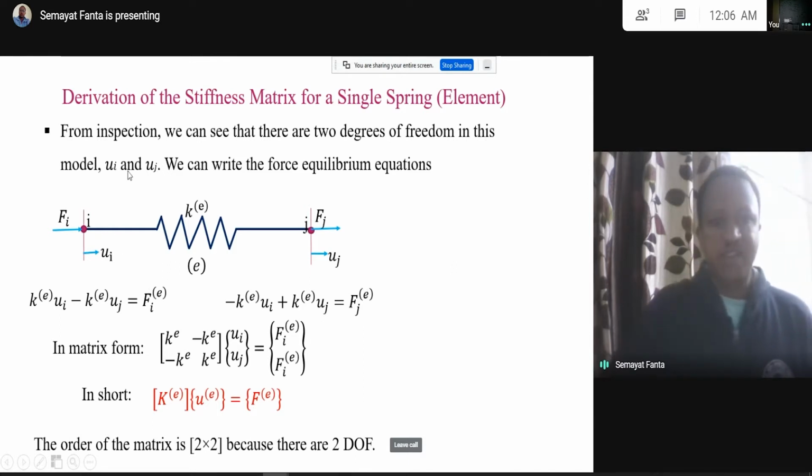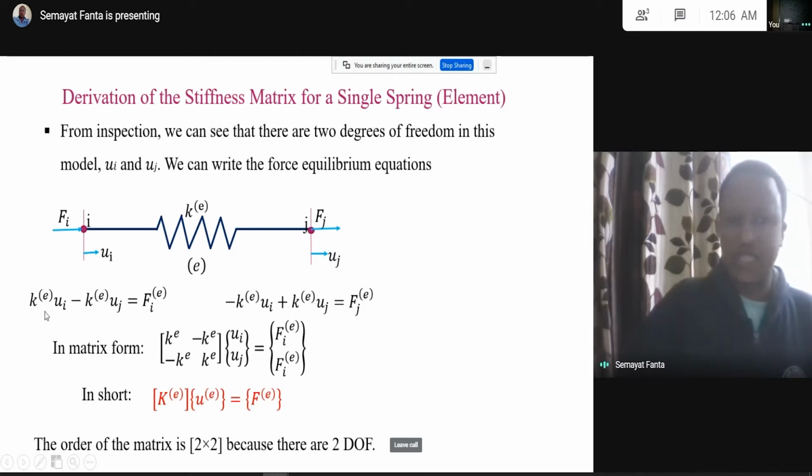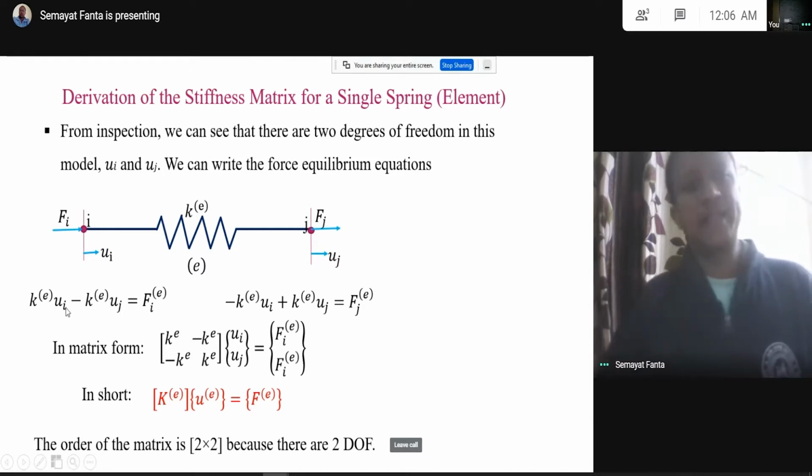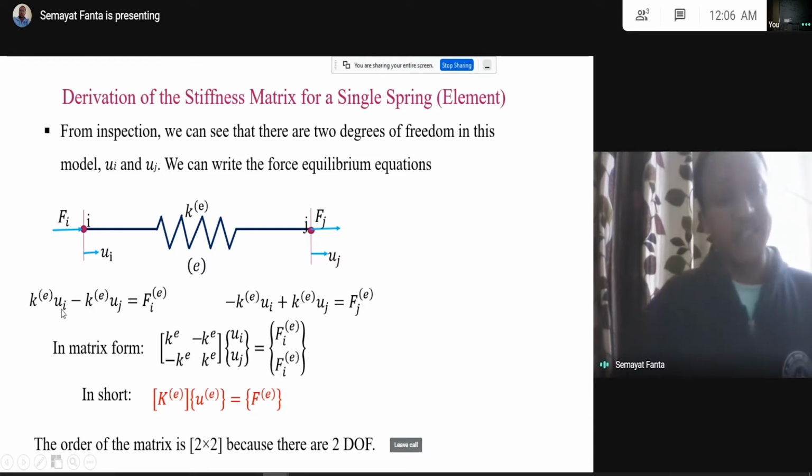So applying the static equilibrium equation at each node, for example in this node, we have k of this element times ui minus k times uj. It means k times the relative displacement. Ui minus uj is the relative displacement at this node, and uj minus ui is the relative displacement at this node.